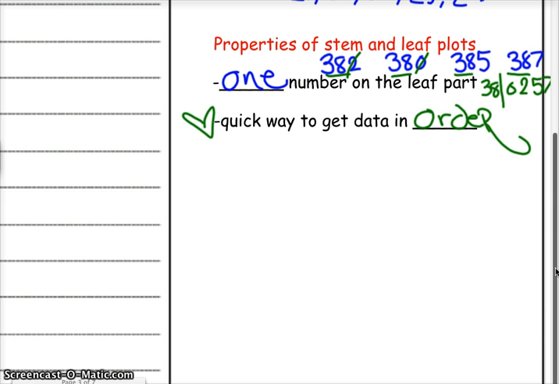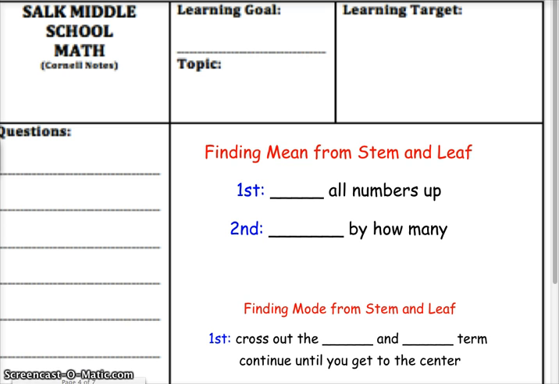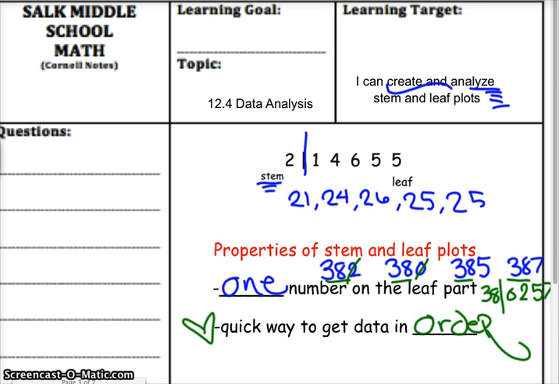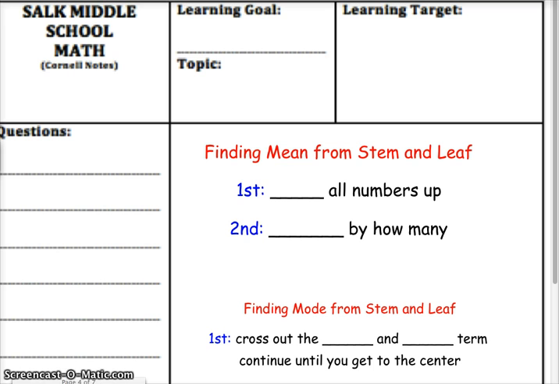All right, so let's look at some examples on how to analyze it. To find the mean, you're going to add all the numbers up, and you have to keep in mind, there I wasn't going in order again, 2, 2, 3.